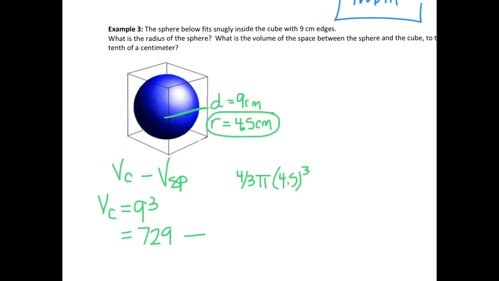And that equals 381.7. So 729 minus 381.7 to the nearest tenth of a centimeter is 347.3 centimeters cubed.